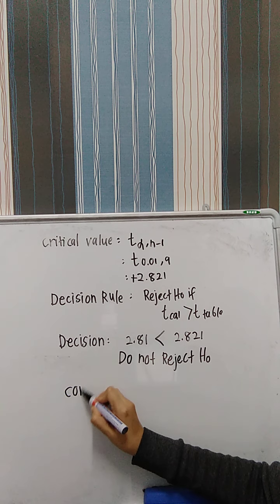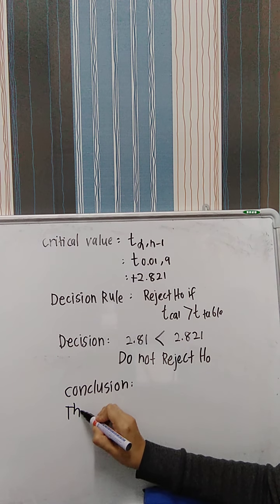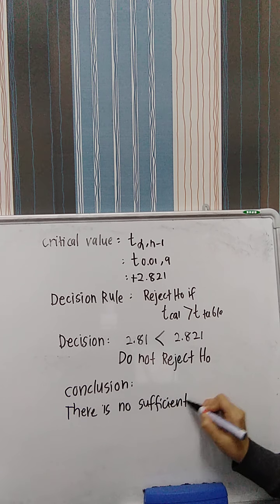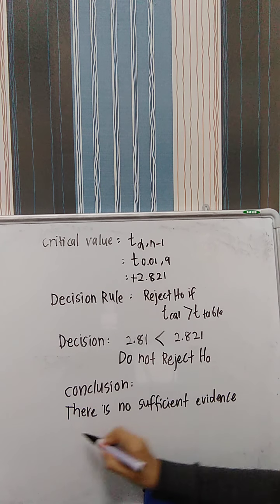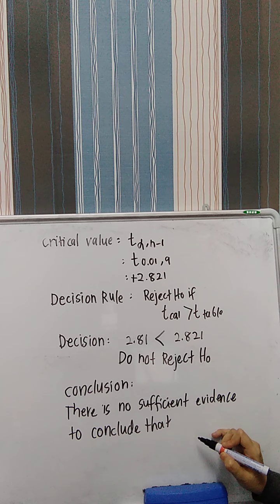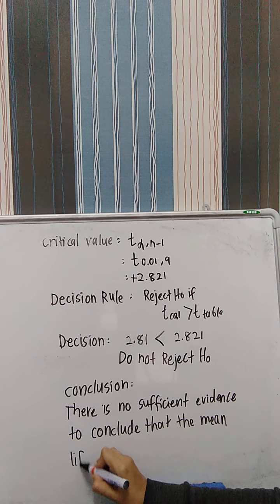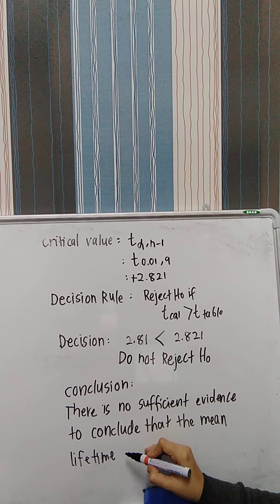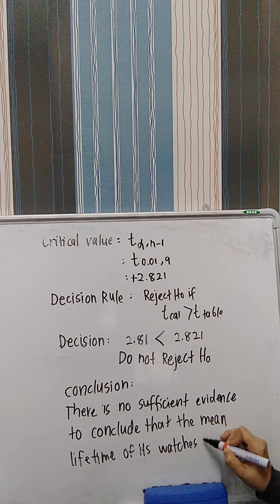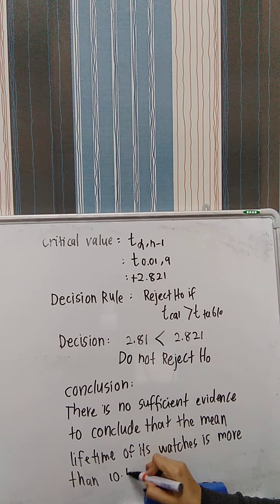Okay, and then you can make a conclusion. Because you do not reject the H null, there is no sufficient evidence to conclude that the mean lifetime of each washes is more than 10.5 years.